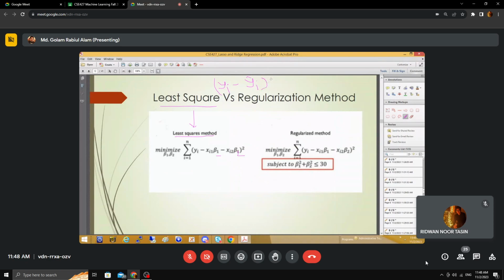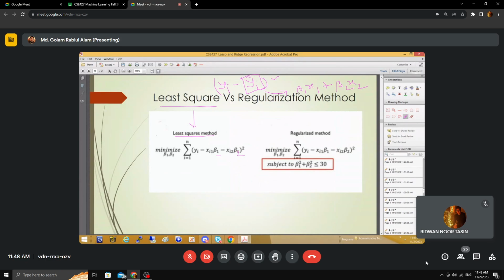Okay, then a square. If we use polynomials, y hat is just the polynomial beta 1 x1 plus beta 2 x2.